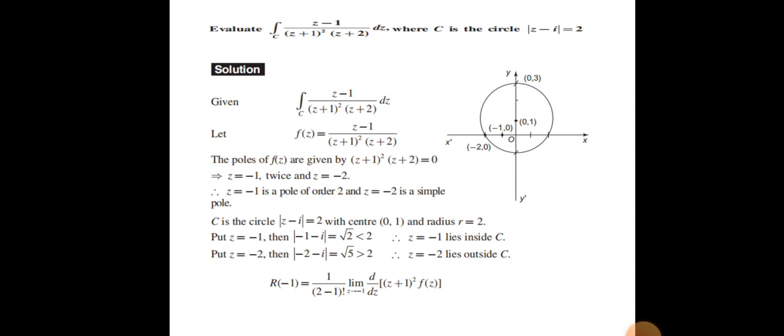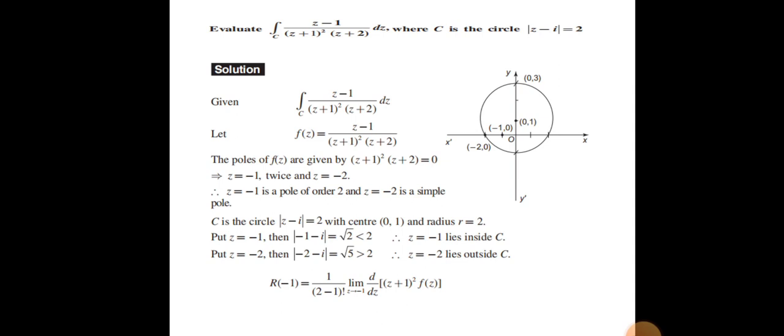So z equal to minus 1 lies inside C. Whereas, when we substitute z equal to minus 2, we have modulus of minus 2 minus i, which is root 5, and we all know it is greater than 2, hence z equal to minus 2 lies outside C. So it is enough to find the residue at z equal to minus 1 alone.